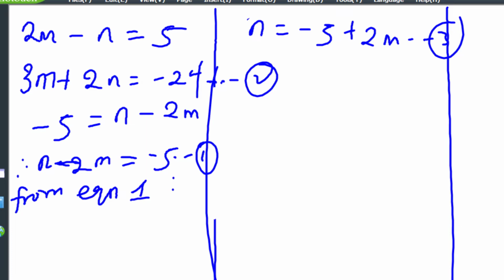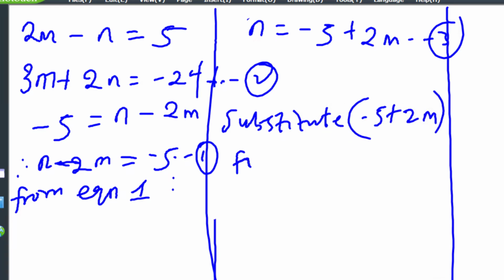Are you getting it? I believe you are following along with me. So, this is equation 3. Substitute minus 5 plus 2m for n in equation 2. So you go back to equation 2, and anywhere you see n, you replace it with minus 5 plus 2m.